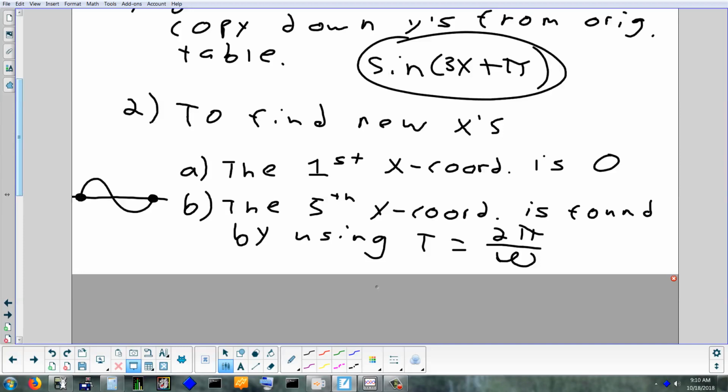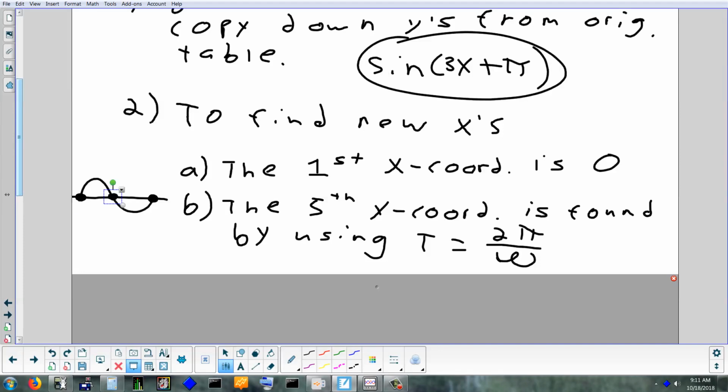To find the end of the cycle, use your formula that gives you the length of the cycle. That'll tell you where it ends. So now we've got the beginning and the end, and the middle is halfway between the two. If you know the beginning and the end, how could you find mathematically the number that's right in the middle of the two?